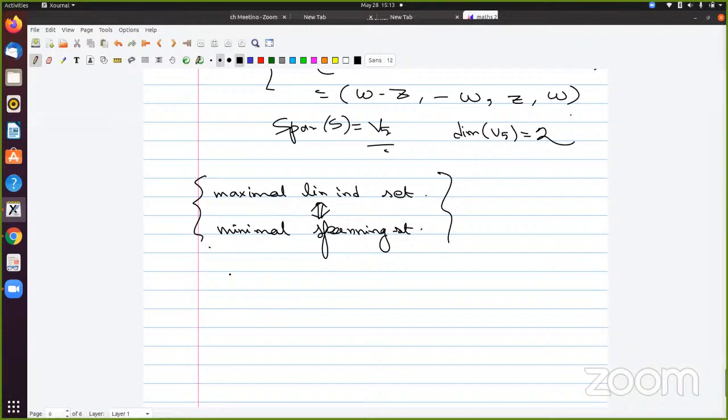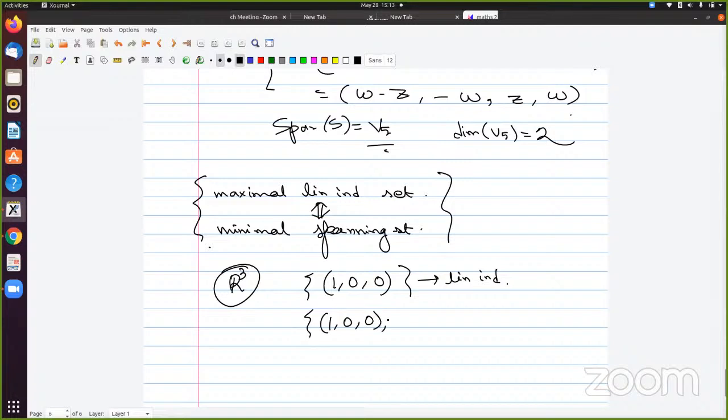Suppose in R3, I am starting with an easy example. This set is linearly independent, right? This is a singleton set of a non-zero vector. I am adding one more vector. Is this still linearly independent? Yes.